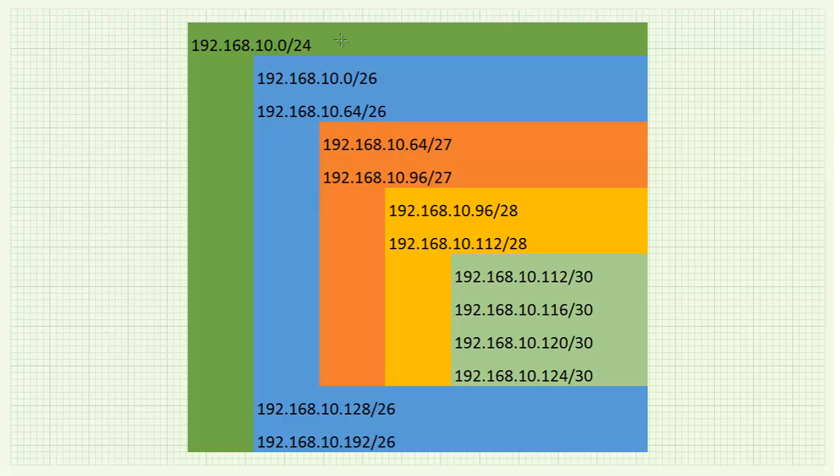To summarize what we've done, I've put together this graphic that hopefully will give you a picture of how we've taken our initial allocation, which is that 192.168.10.0/24 network represented by the larger green block, and we use subnetting to take 2 of the remaining host bits in this /24.